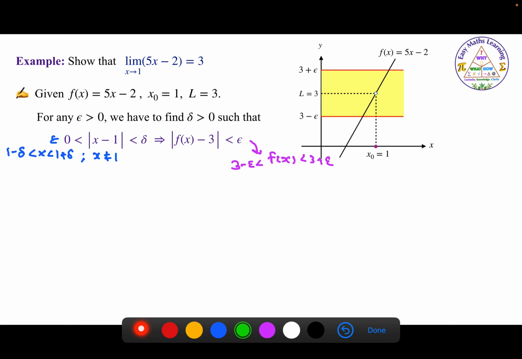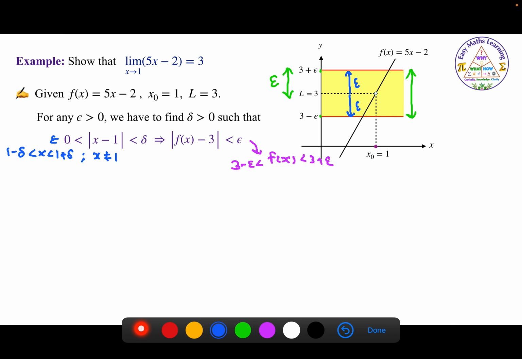For some epsilon, function values are inside a vertical range which is symmetric about L equal to 3, from 3 minus epsilon to 3 plus epsilon.